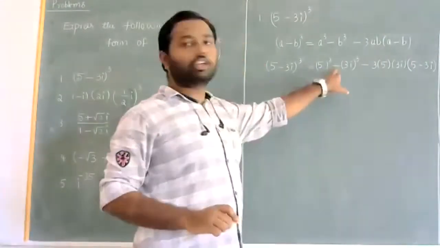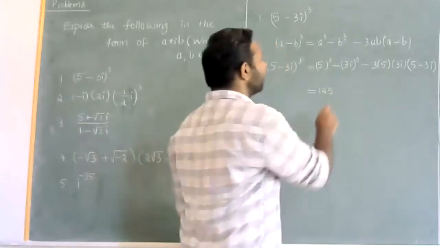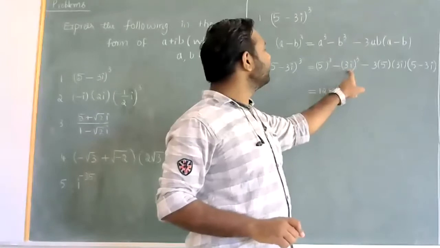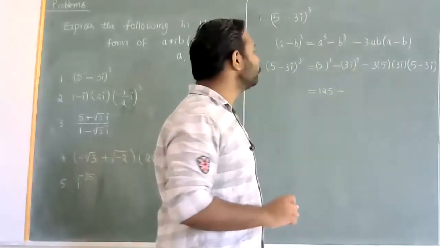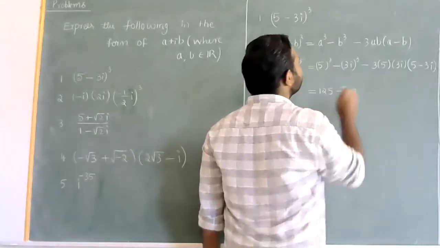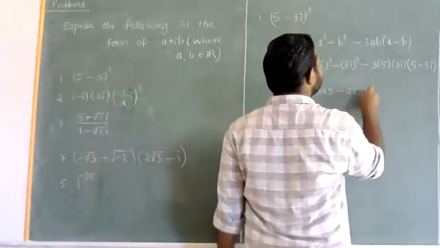Next, 5 cube is 125 minus (3i) whole cube. That means 3 cube into i cube. 3 cube is 3 3s are 9, 9 3s are 27. So 27 i cube, and i cube is minus i.